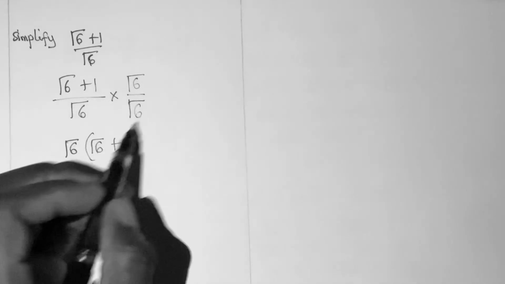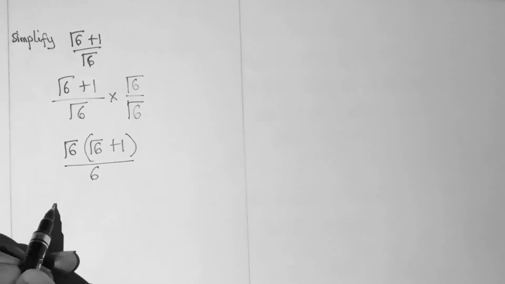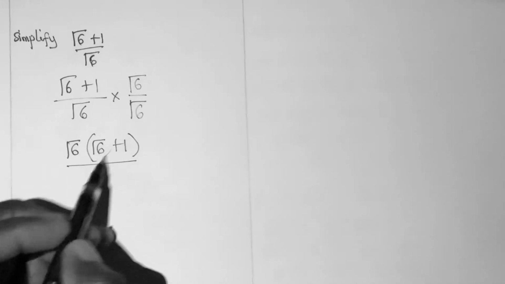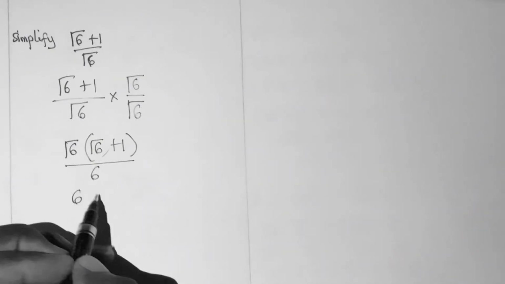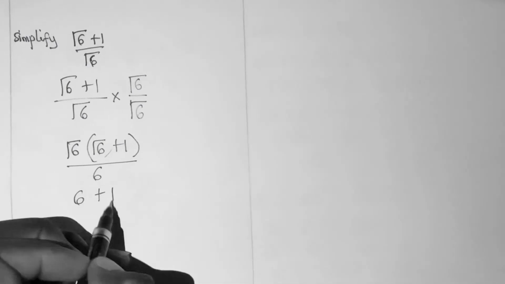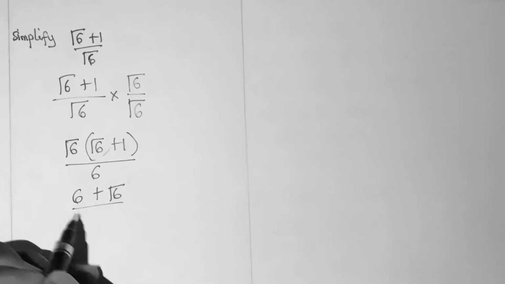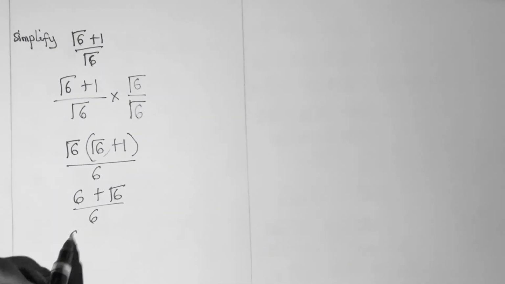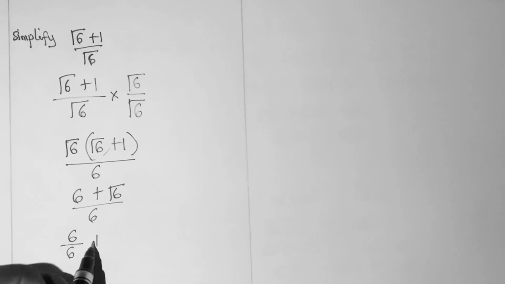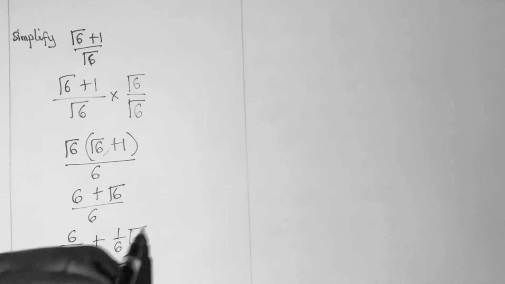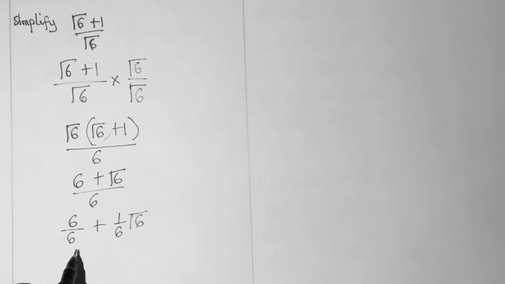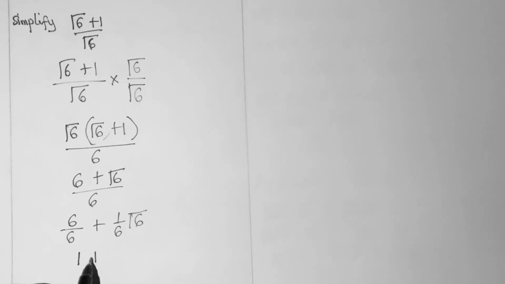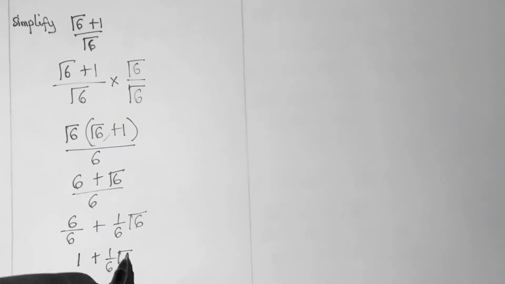Then now root 6 times root 6 is 6, so divided by 6. Now square root of 6 times square root of 6 is 6. Then plus 1 times square root of 6 is square root of 6, divided by 6. So this becomes 6 divided by 6 plus 1 over 6 root 6. 6 divided by 6 is 1. So this becomes 1 plus 1 over 6 root 6.